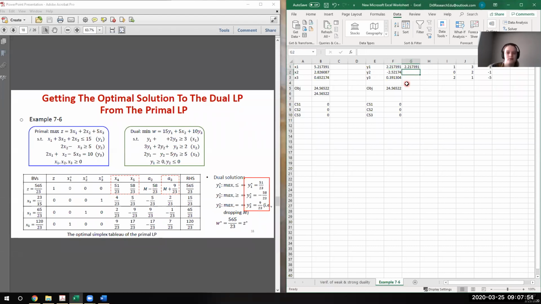The second number is negative 58 over 23, again the same. The third number is 9 over 23, again the same. Then yes, it tells you that the method we use here, which means we directly read the solutions from the optimal simplex tableau of the primal LP, is correct.